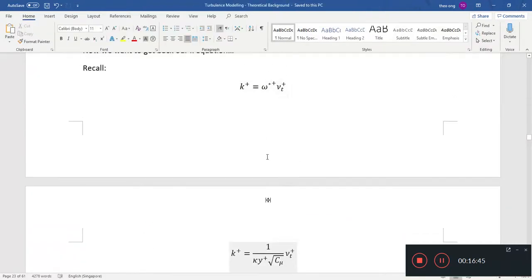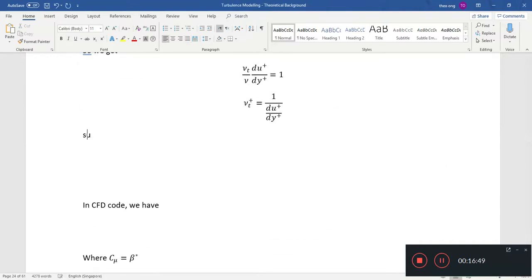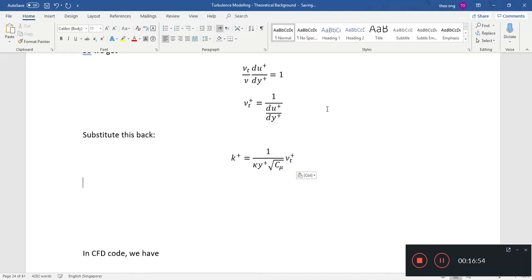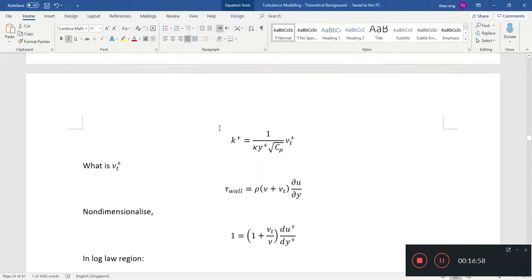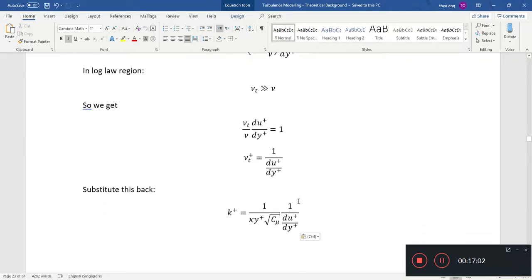Okay, substitute this back. And we get this 1 over du dy is here. And what is 1 over du dy? We just have this kappa y plus.